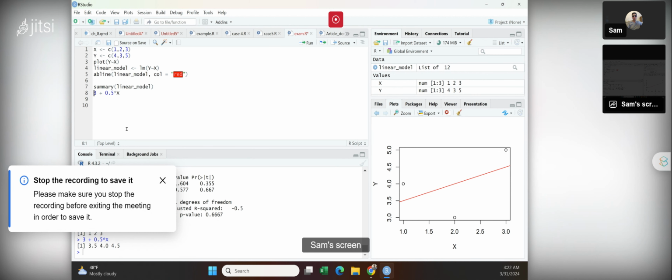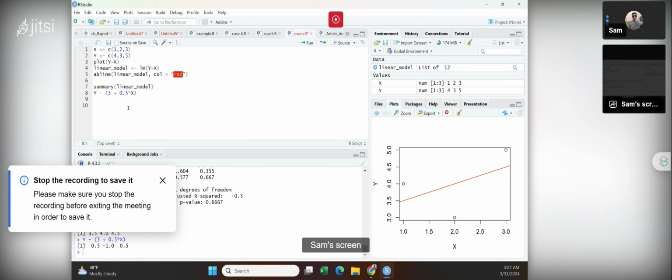Then if you want to find the vertical difference between the point and the line, just take each y value and subtract the predictions of the line for those points. And that is all. So 0.5 is the epsilon 1 hat, and minus 1 is the second, you see, the second point is lying below the line, therefore the vertical distance is going to be negative, and the third one is going to be positive, right?